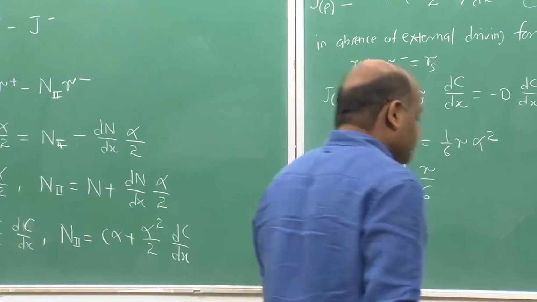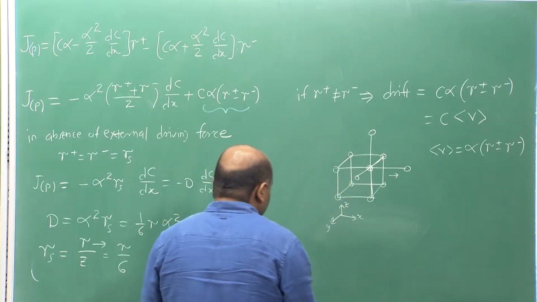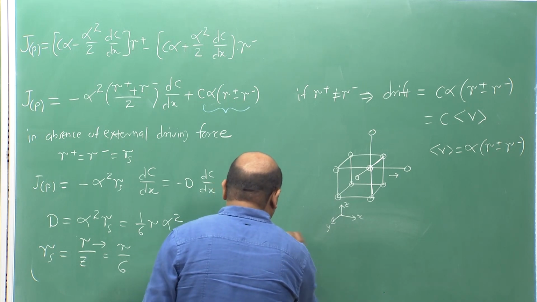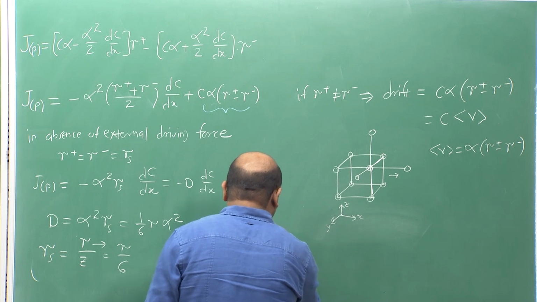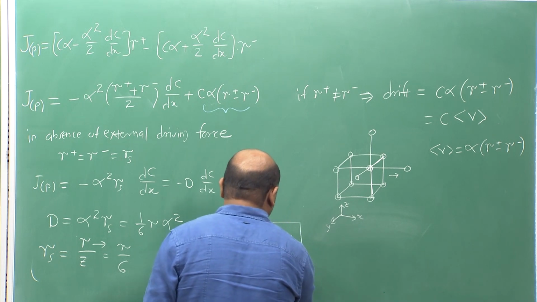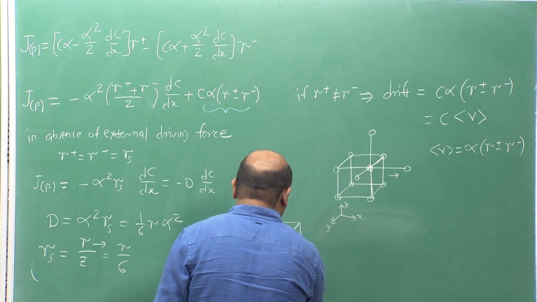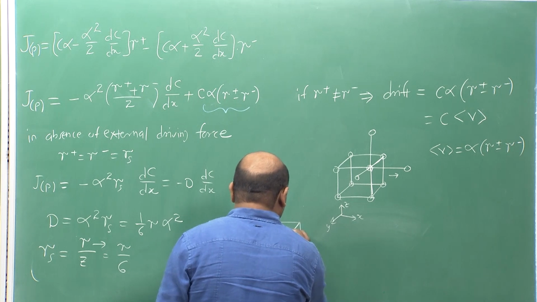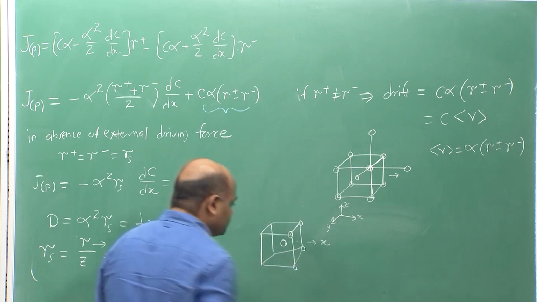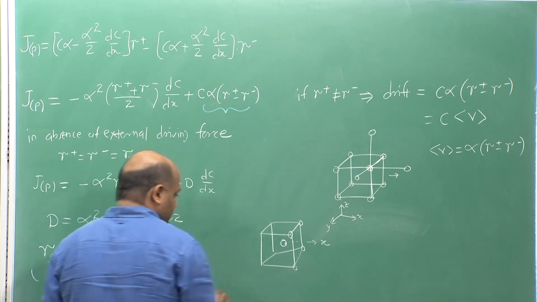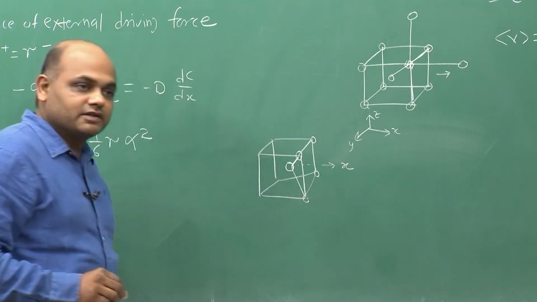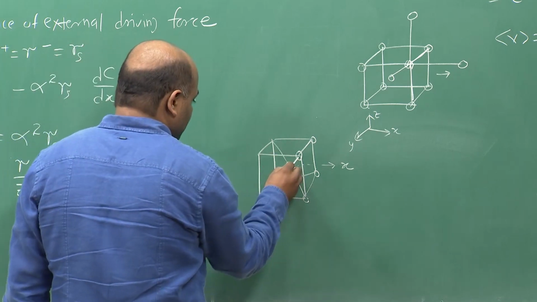So, for example, if I consider a BCC lattice, and if this is the body center atom and this is my x direction, then if this atom jumps onto one of the corner atoms, it will jump to one of the 8 corner atoms.